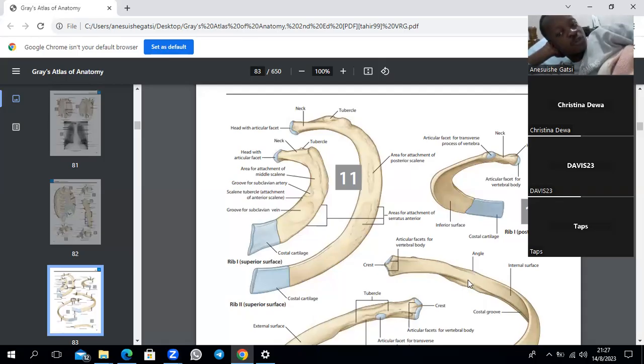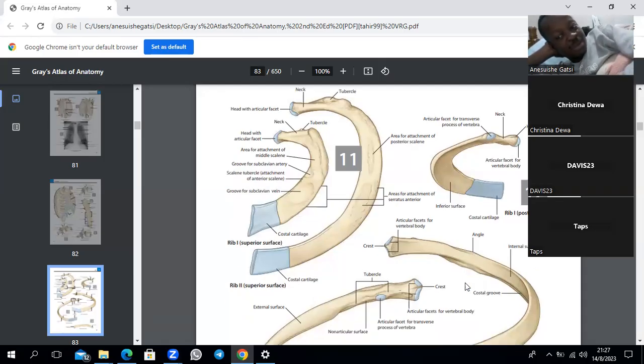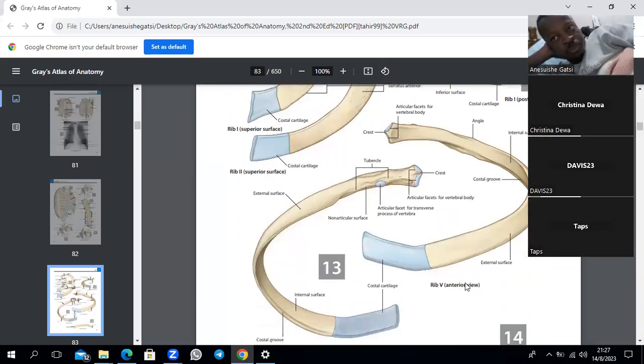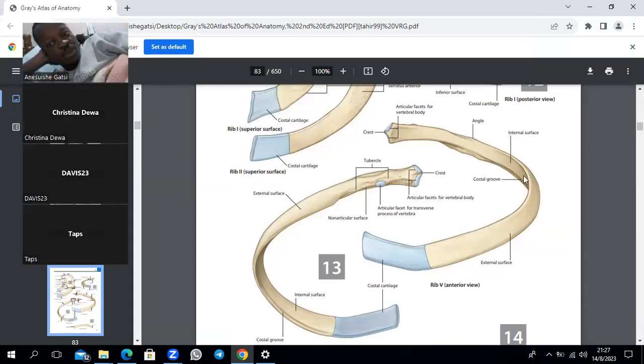Right, so I'll use this rib. I've always used this. I think it's rib number 5 somewhere here. Yeah, this one. Right, so this is your rib number 5. It's a typical rib.